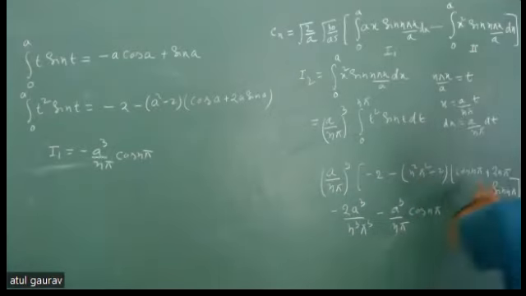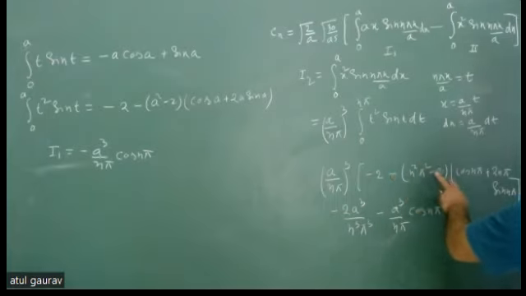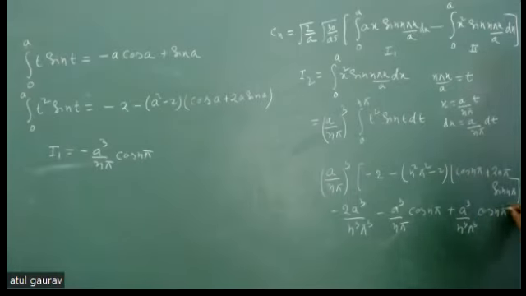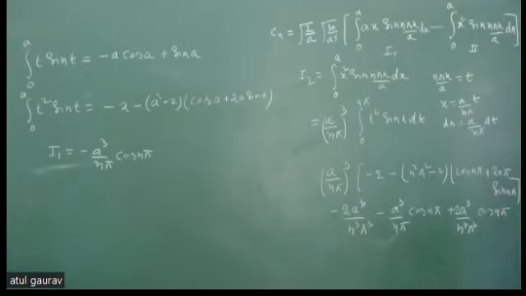This cos will multiply with this, and this minus plus, and this value is equal to what? 2 cos n pi with multiplication of this thing. You watch that I am not doing anything wrong. a cube n cube pi cube, and this value is equal to cos n pi, and 2 will also be there, isn't it? Yes, sir. Is this correct?